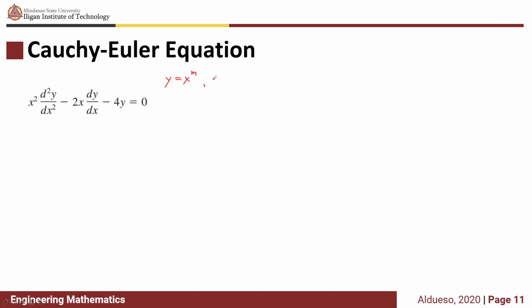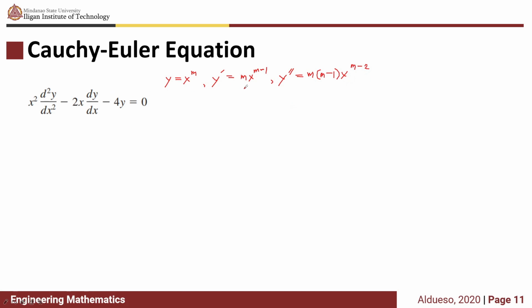Getting the first and second derivatives of y, the first derivative is m x to the m minus 1, and the second derivative is m times m minus 1 times x to the m minus 2.